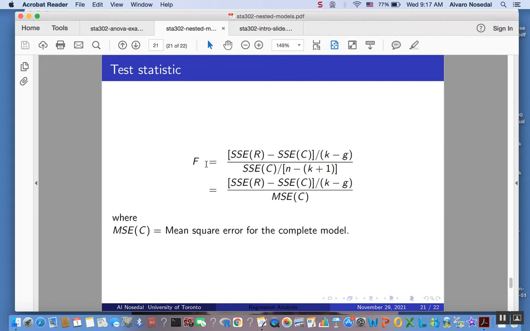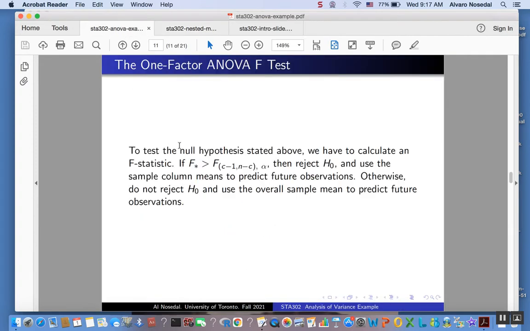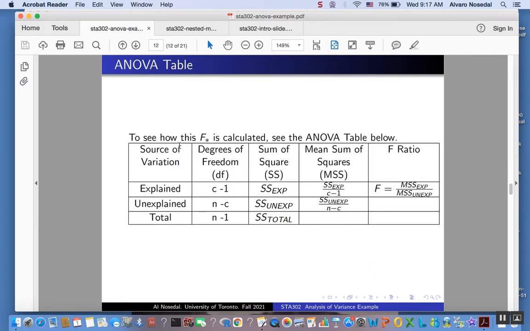So we'll see if we can apply that situation and see if that agrees with this idea of an ANOVA table. Or what's the relationship between the ANOVA table and our partial F test.